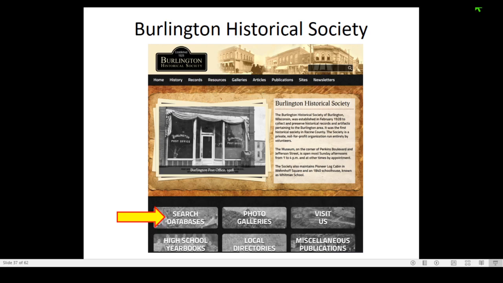And basically what happened, there was this couple that lived there in Burlington, almost across the street from their historical society. They're both deceased now. And what they did as kind of a hobby, they took all the Burlington newspapers and they indexed every single name in it, from way, way, way back.